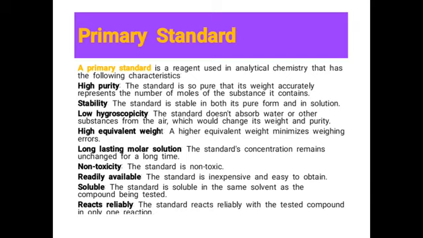Number one, high degree of purity. The primary standard that you want to use must be pure, and its weight is equivalent to the number of moles of the substance it contains.